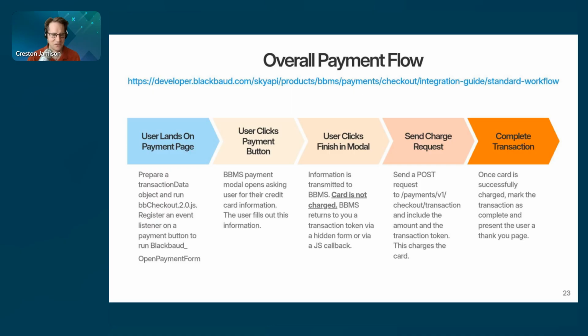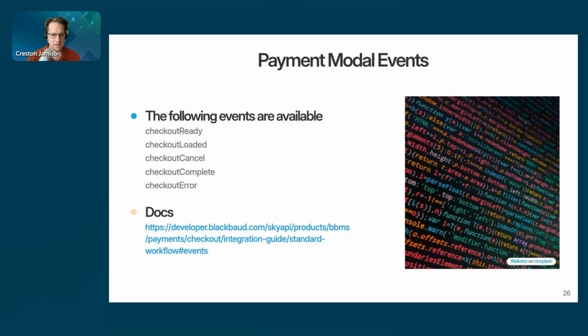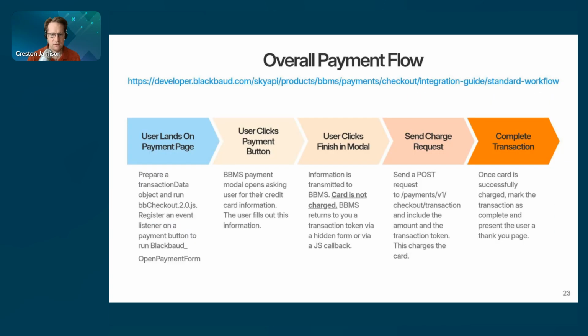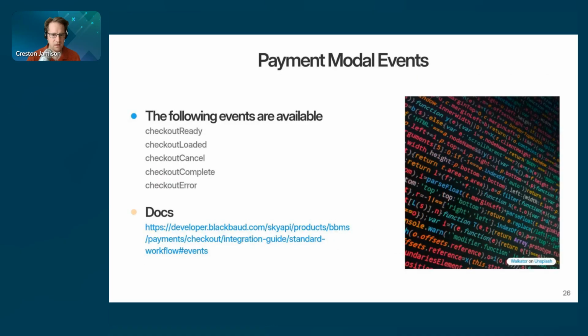That is when the ready event fires. The loaded is when the user clicks the payment button, so when the modal loads on the screen is when that appears. And then cancel is when they've canceled. Complete is when they've clicked finished and everything's complete, or an error can also be triggered.